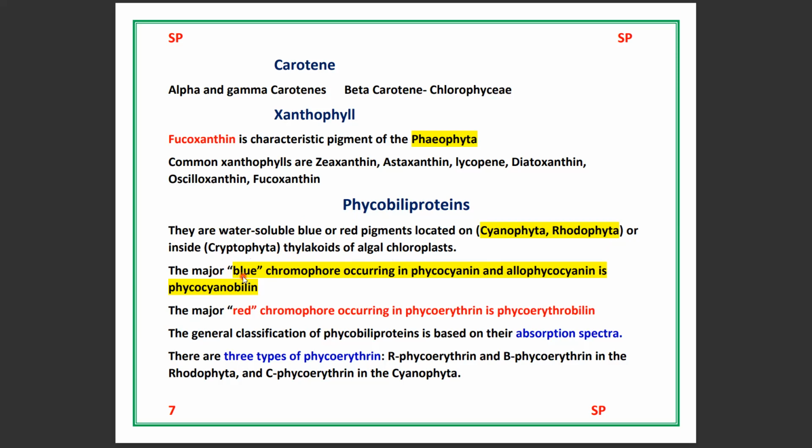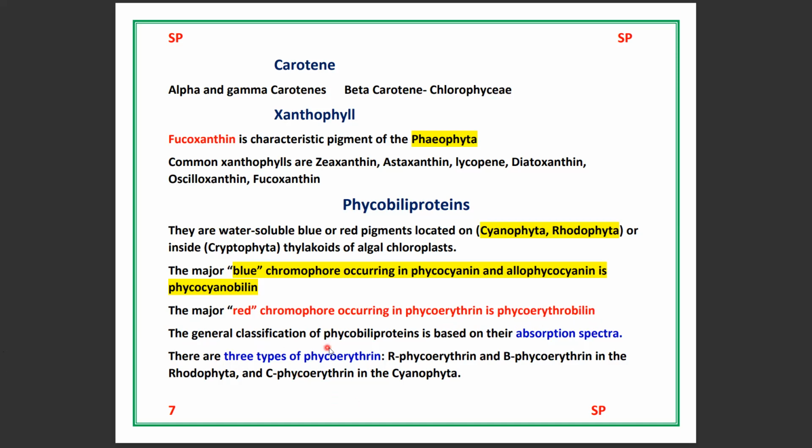The major blue chromophore occurring in phycocyanin and allophycocyanin is phycocyanobilin. And the red chromophore occurring in phycoerythrin is phycoerythrobilin.